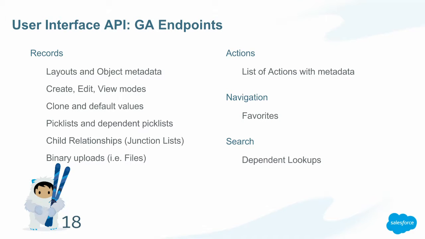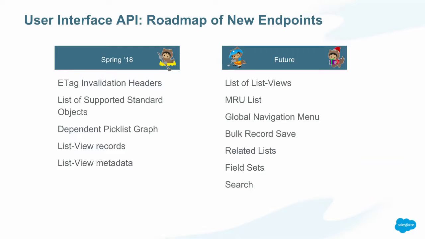It gets you a lot of the way there, but look for version 2, 3 until we make it fully complete, so that you can use it all by itself when it comes to, let's say, clicking New and having the endpoint that says, for example, these are the default values you can get for this opportunity because you're hitting New from Opportunity. So check it out. Give us your feedback.